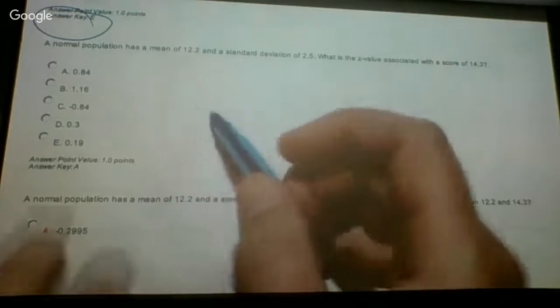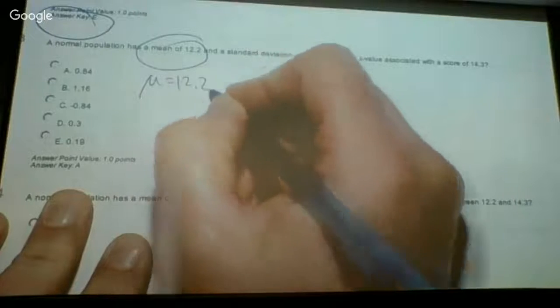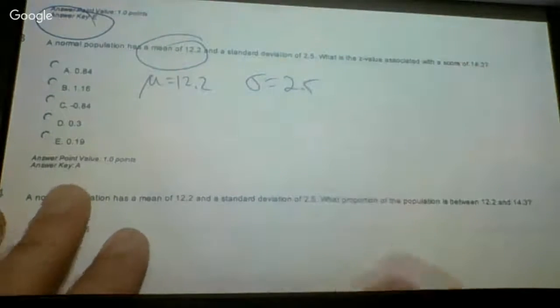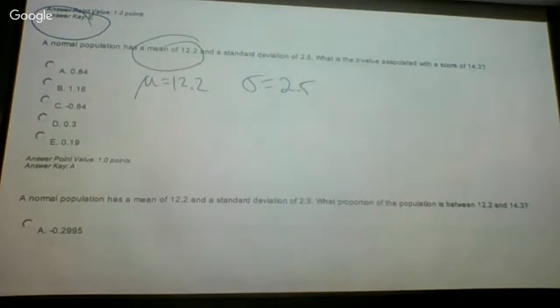So for the rest of these, for example, if you have a mean of 12.2, a standard deviation of 2.5, and by the way, why do I know to use mu and sigma in this problem? Something should indicate that. Population. What population? Normal population. Yeah, the third word of the sentence says population.